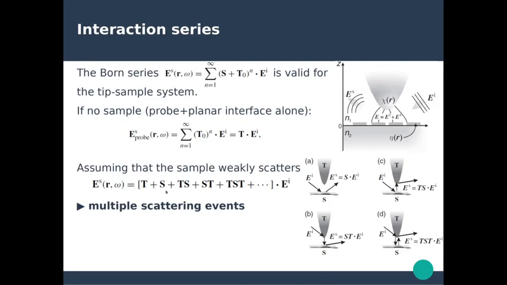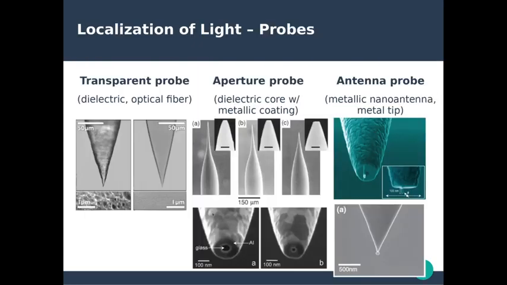However, it is fairly obvious that the higher order terms become weaker and weaker and more negligible. So we can limit ourselves to the first few orders to get realistic pictures of the scattering signal from this tip-sample system.